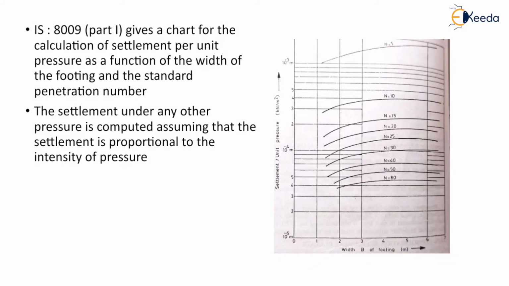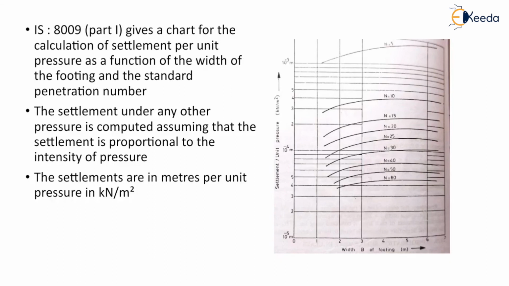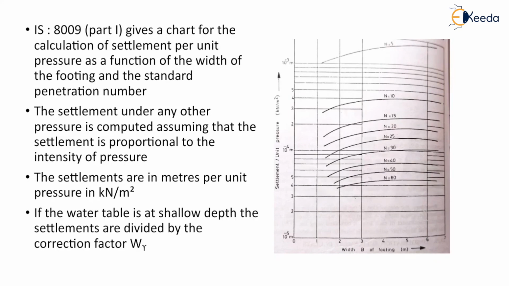The settlement under any other pressure is computed assuming that the settlement is proportional to the intensity of pressure. The settlements are in meter per unit pressure in kilonewton per meter square. If the water table is at shallow depth, the settlements are divided by the correction factor Wγ. Thank you.